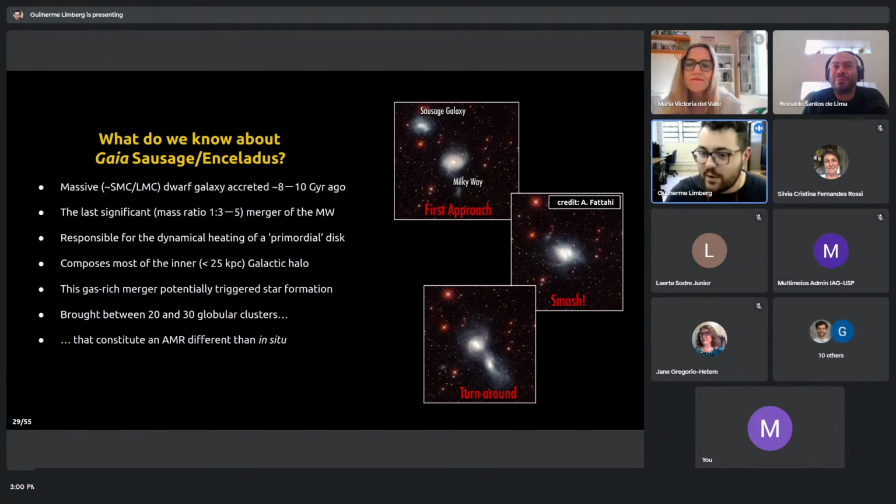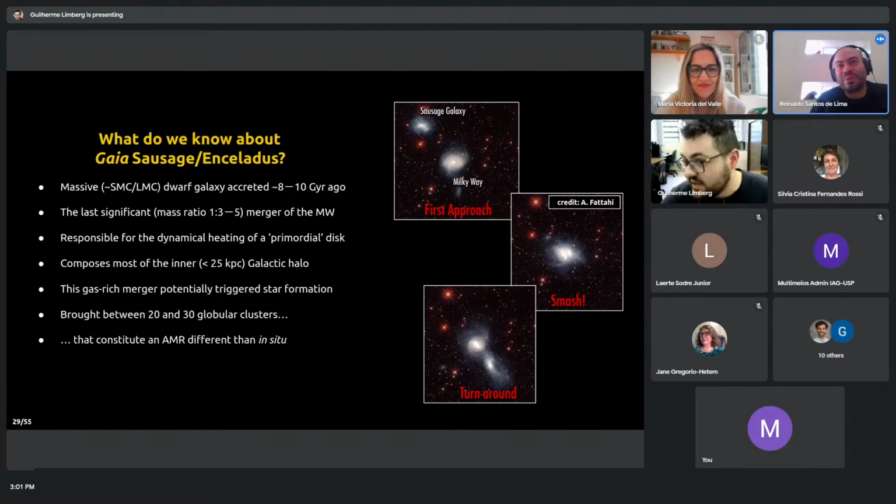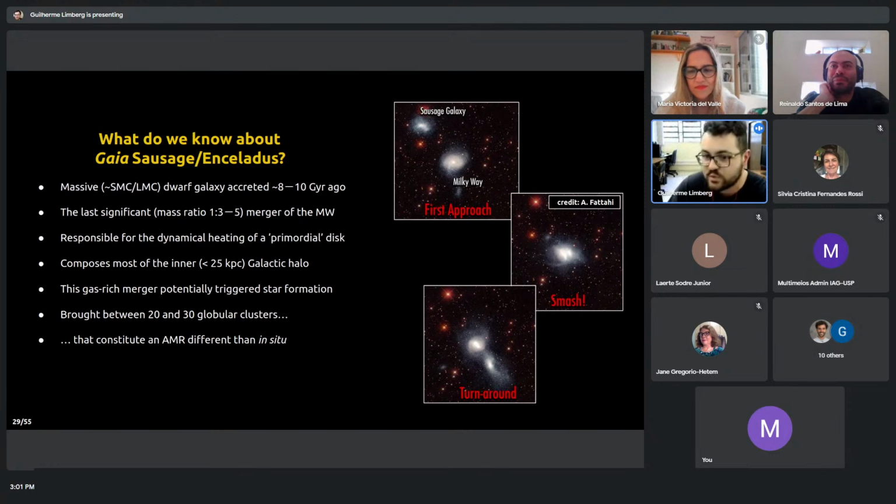It's not that this is particularly necessary. I think the Milky Way had a bunch of gas as well, but it's just more efficient. It's just that such a massive galaxy, such as Gaia-Enceladus, probably had a lot of gas at the epoch of its merger with the Milky Way. So this is why I think there's this ubiquitous result that when people look for analogs in cosmological hydrodynamical simulations, they find these mergers to be gas-rich. I think this is right.